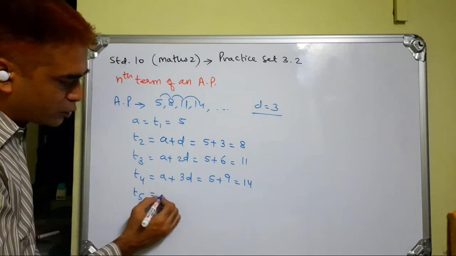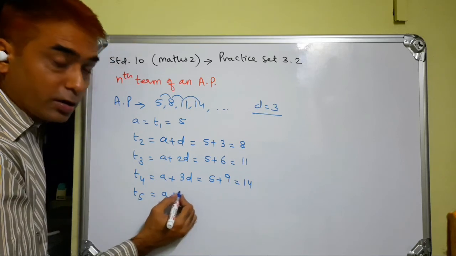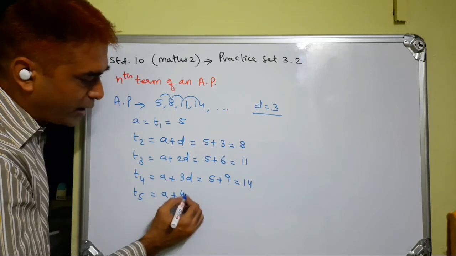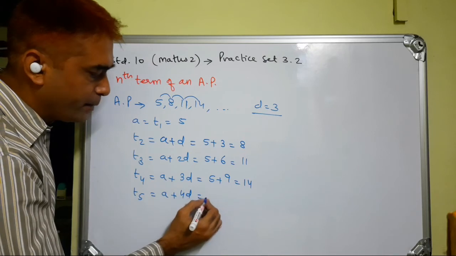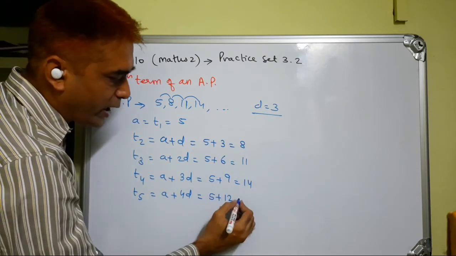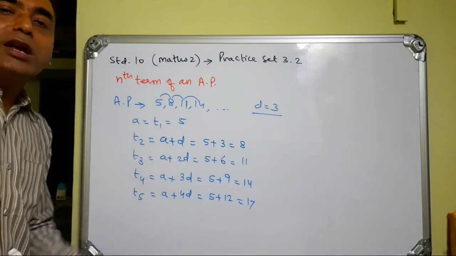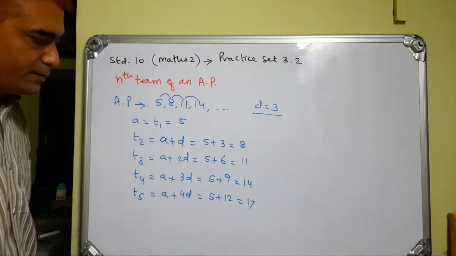T5 equals A plus what? The next term we will find by A plus 4D equals 5 plus 4 threes are 12, equals 17. In this way we can find the terms.